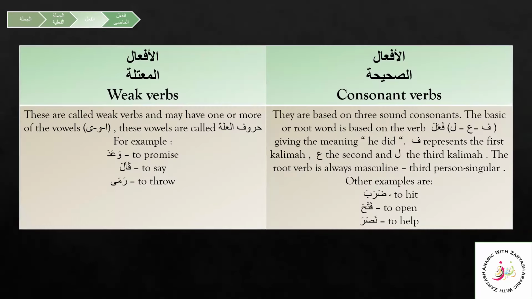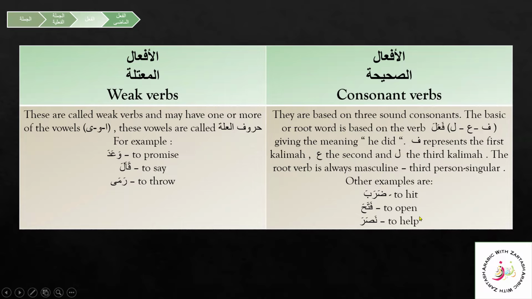So let's see all the letters other than weak letters, the huruf illa that we know: alif, waw, and ya. These are harf illa, the weak letters. When they end, start, or are in the middle, we have these afal mu'talla.